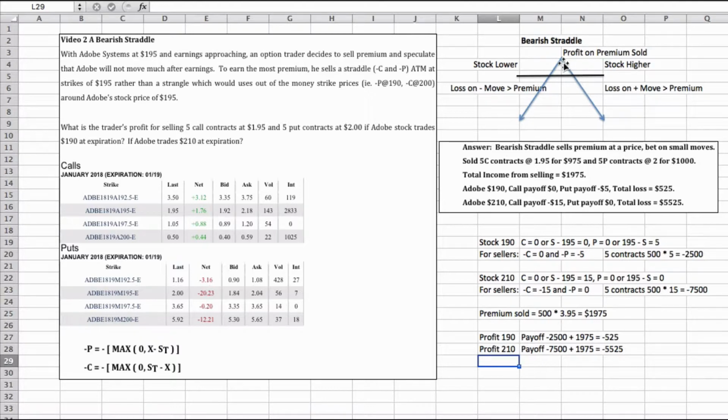On the other end of it, if stock prices move higher than $4, then profits would be zero, and as you go beyond $4, in other words, 200, 205, you'll start taking on losses on higher moves. So bearish straddle, limited payoff, potential for large downsides. It's a speculation on no movement.